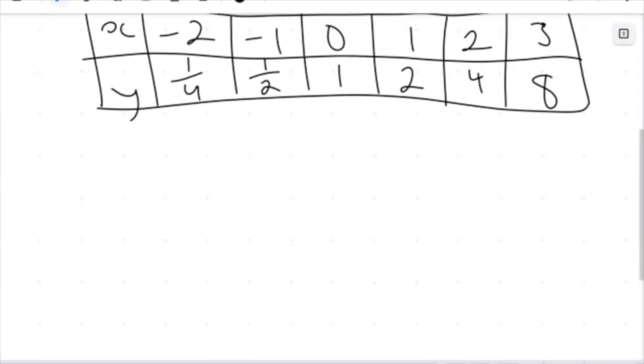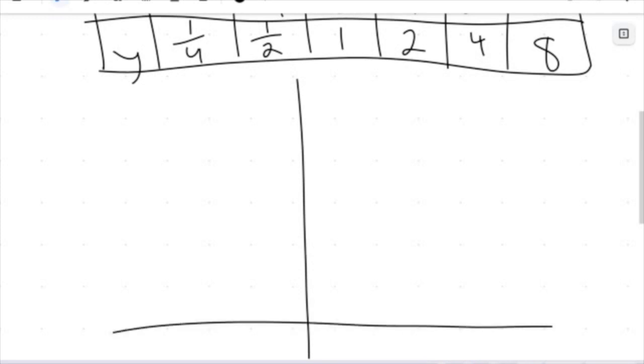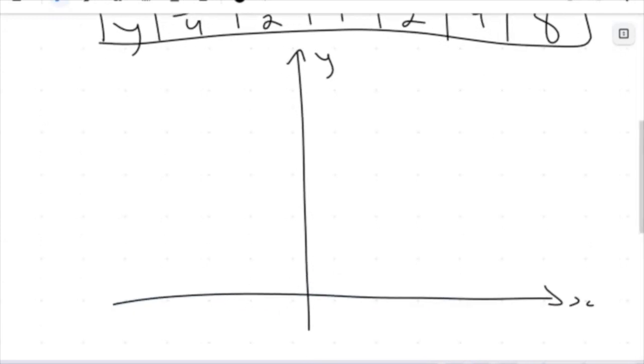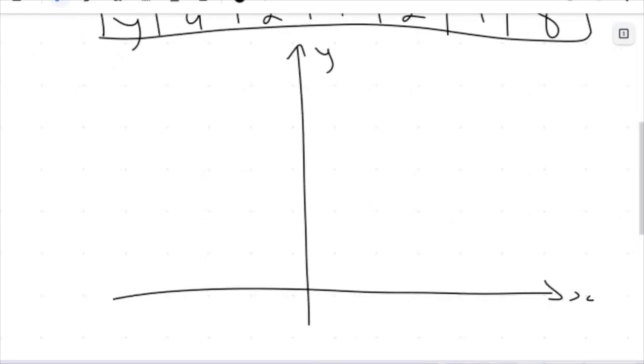So if we wanted to graph something like this, I have my y-axis and my x-axis. I'm going to put in a couple of values here: 1, 2, 3, -1, -2, and then 1, 2, 3, 4, 5, all the way up to 8.